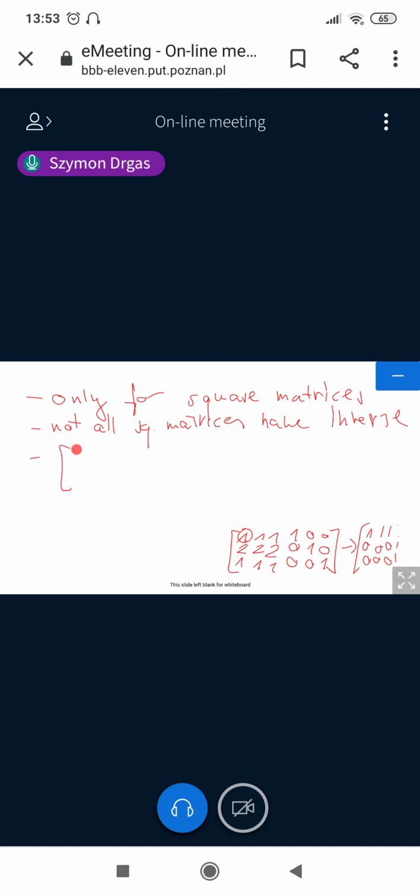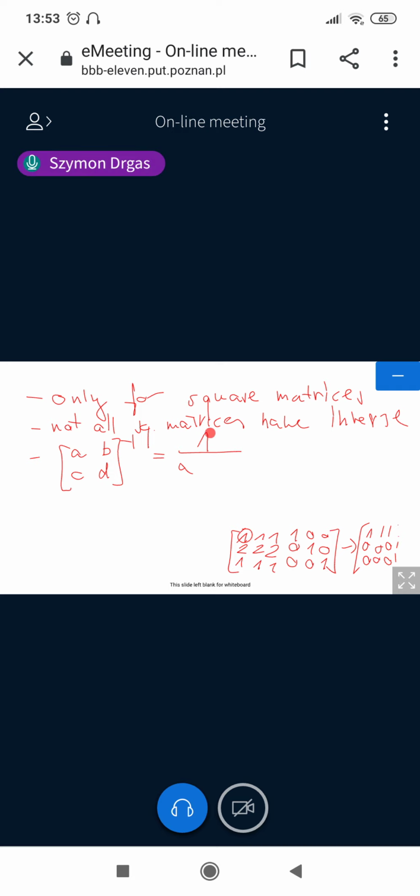So if we have a 2 by 2 matrix which has these elements a, b, c, d, and we want to find its inverse, you can try to remember that.